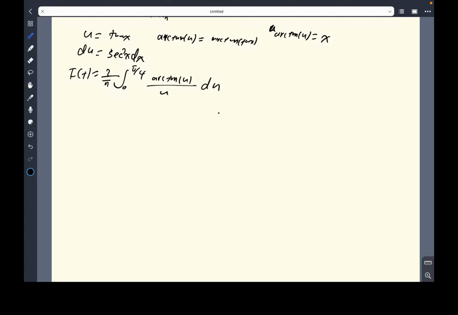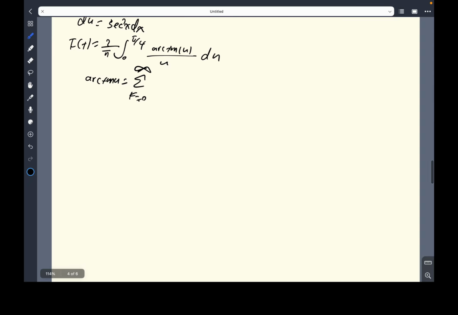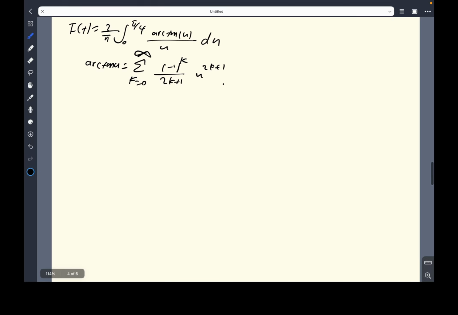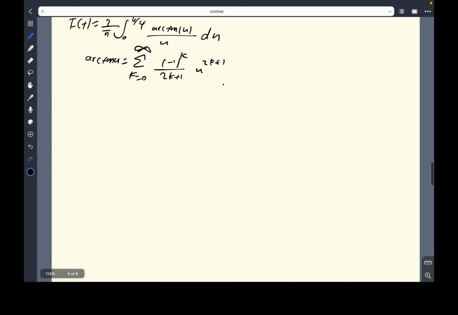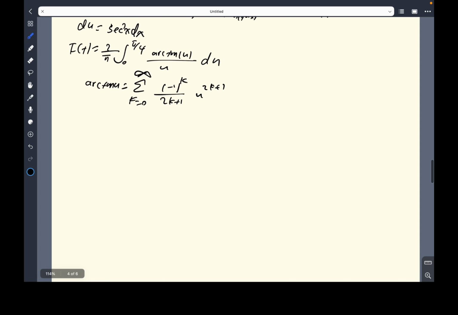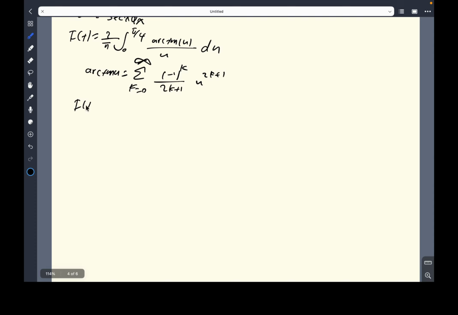But what I'm going to do is expand arctan of u using the Maclaurin series. Arctan of u is the sum from k equals 0 to infinity of negative 1 to the power of k over 2k plus 1 u to the 2k plus 1. Now, I'm not going to write the summation notation to make our work simpler, but keep in mind that the k index is summed over.